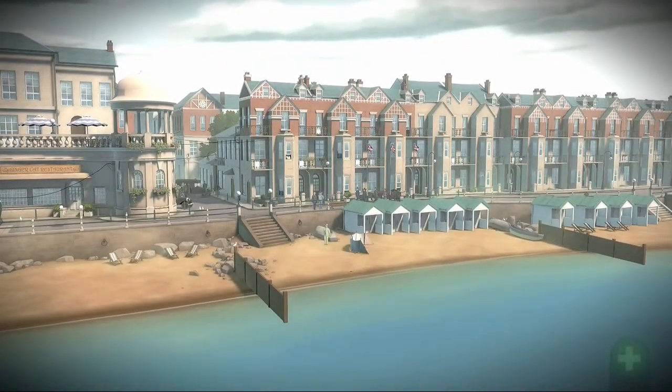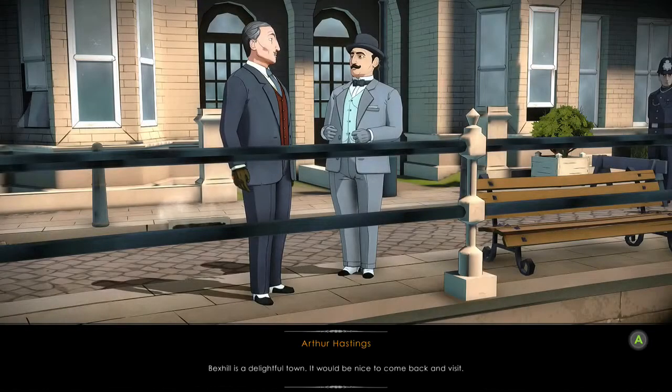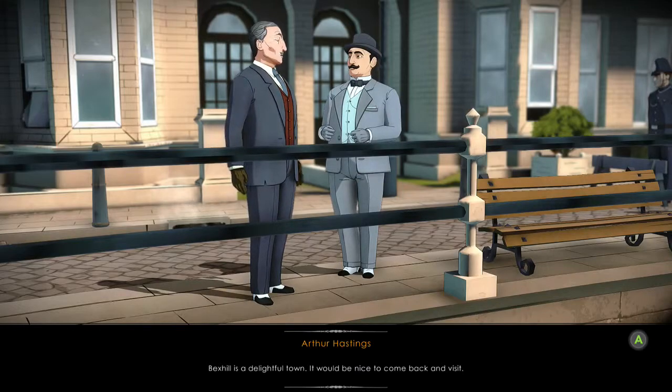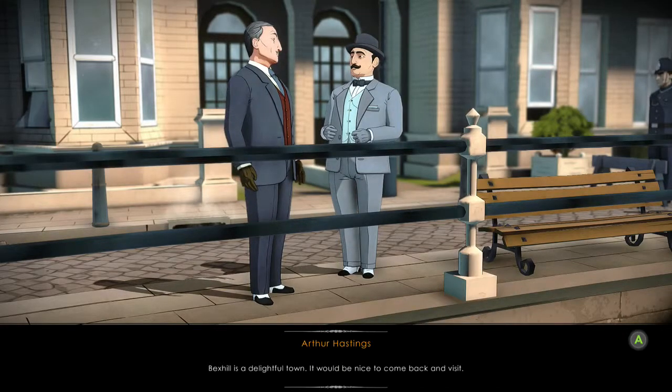Looks nice. Bexhill is a delightful town. It would be nice to come back and visit.